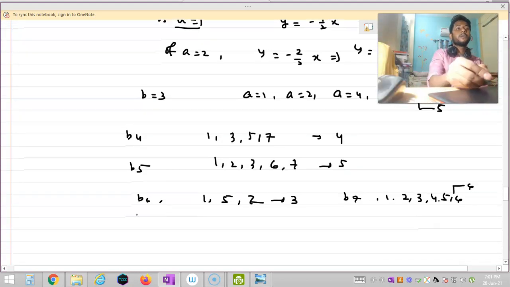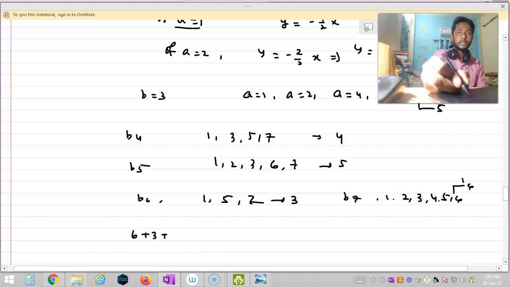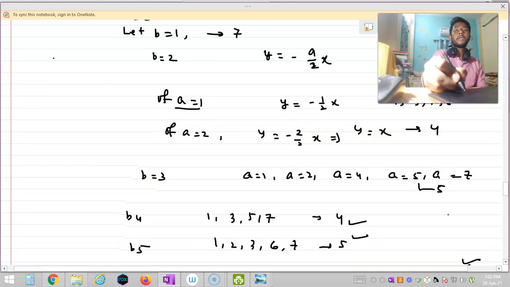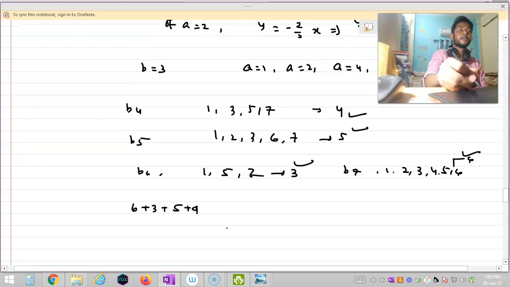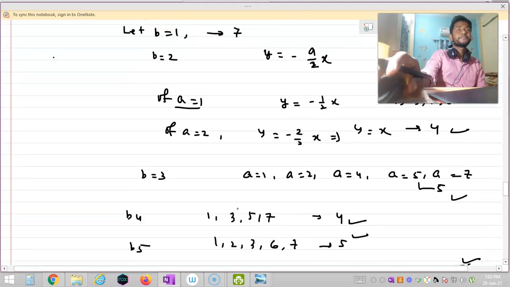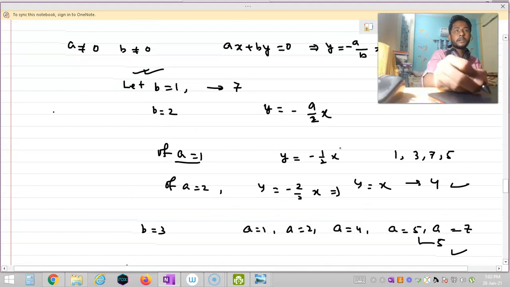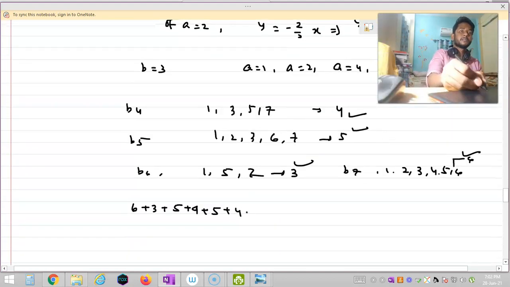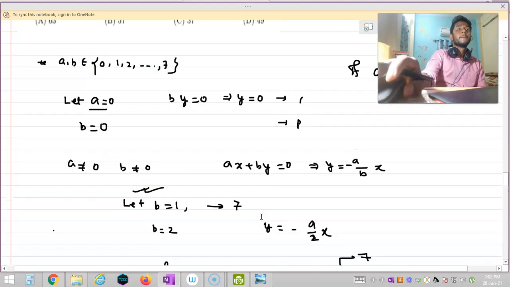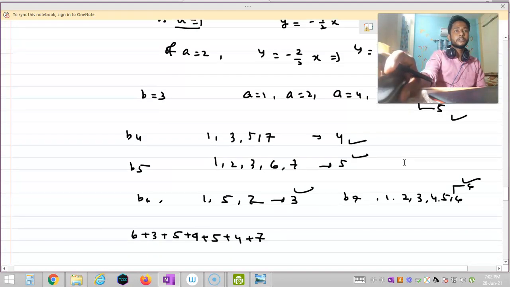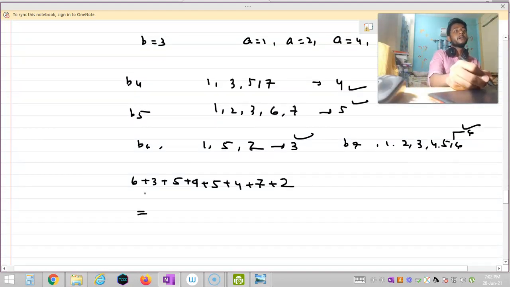So the total number of possibilities is the sum of these counts, plus 7 possibilities for the b equal to 1 case, plus 2 for the cases where a or b is 0. So we have to find this sum: 6 plus 3 is 9, 9 plus 5 is 14, 14 plus 5 is 18, 18 plus 5 is 23, 23 plus 4 is 28, 28 plus 7 is 35, 35 plus 2 is 37.